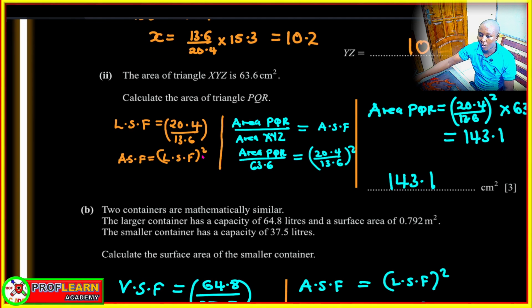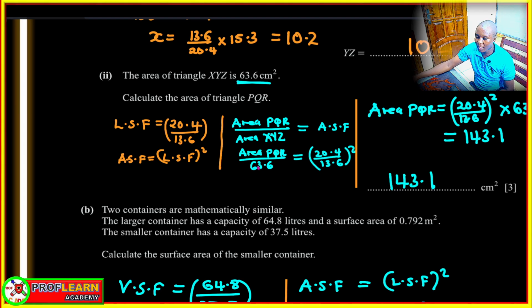But also, once you have gotten the linear scale factor, you can find the area scale factor, because area scale factor is linear scale factor squared. Then area of PQR over area of XYZ is equal to area scale factor. Here we are having area of XYZ, so we can substitute there.